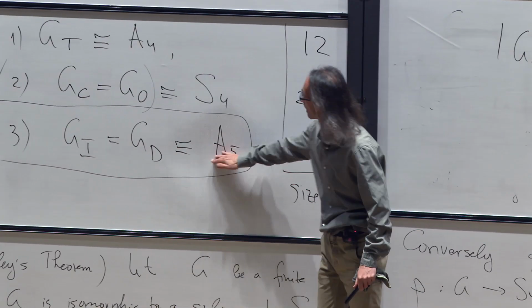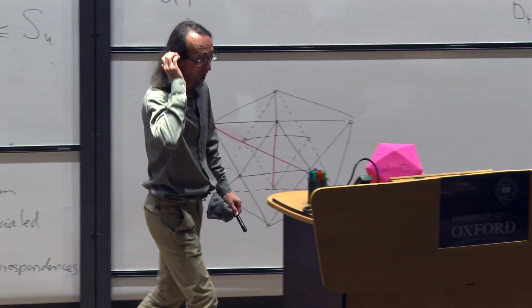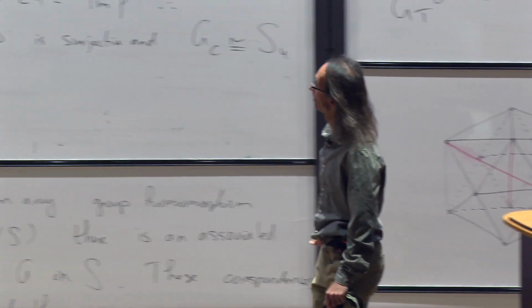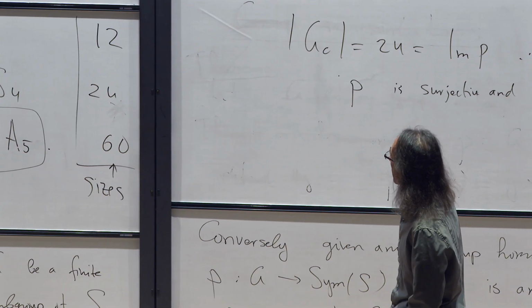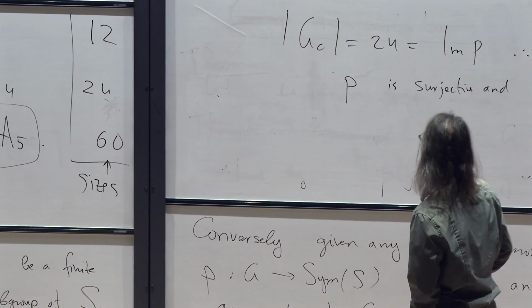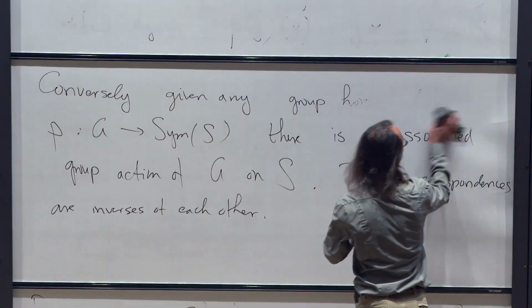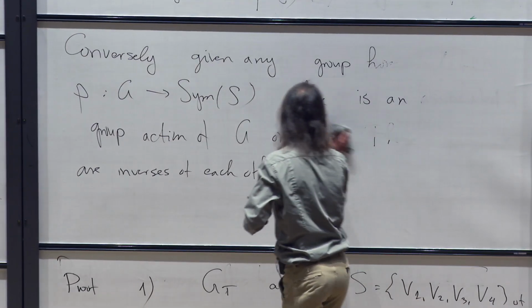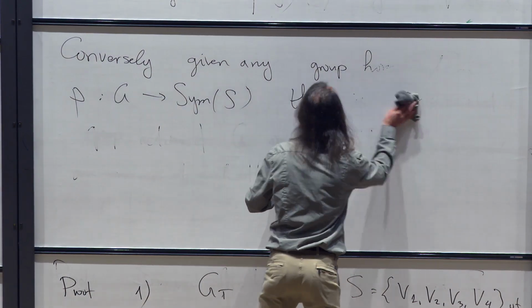It's 60, exactly the same number as elements of A5. So the question is, how do we prove the isomorphism? I'm going to show two different ways to do that. Let me first mention a helpful result.